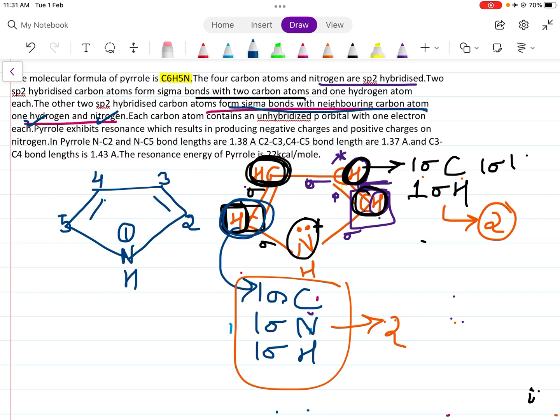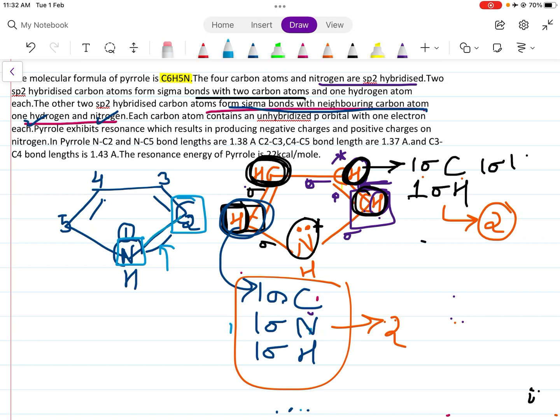So N-C2 means N with carbon atom C2. So this is C2, this is N.